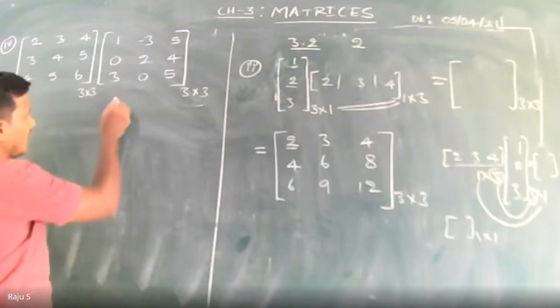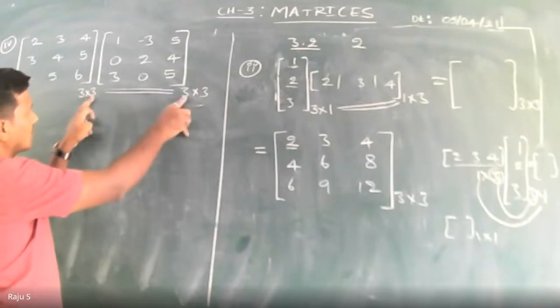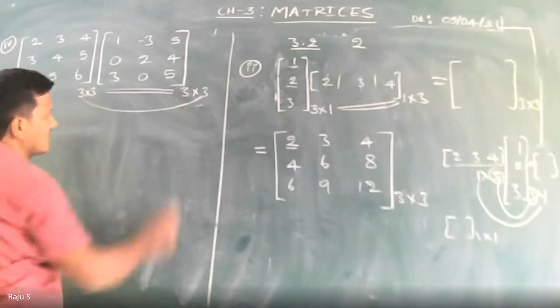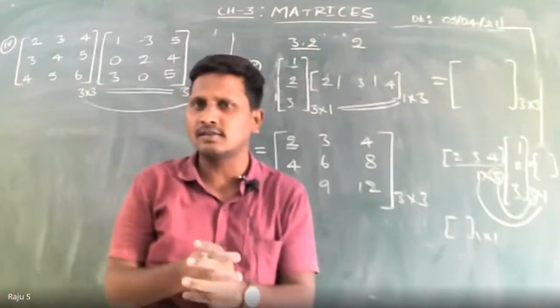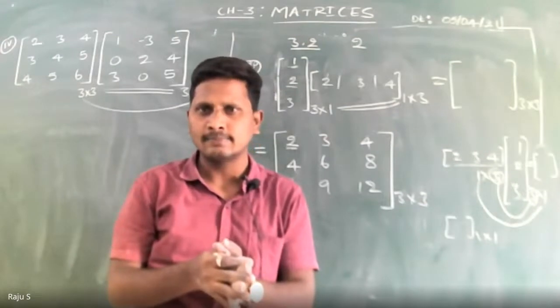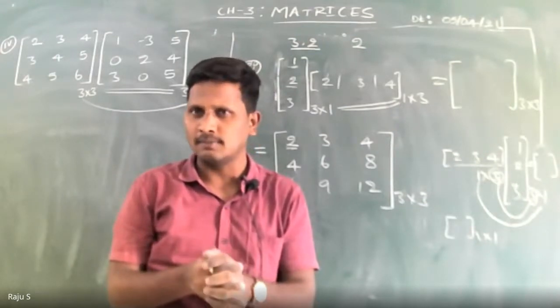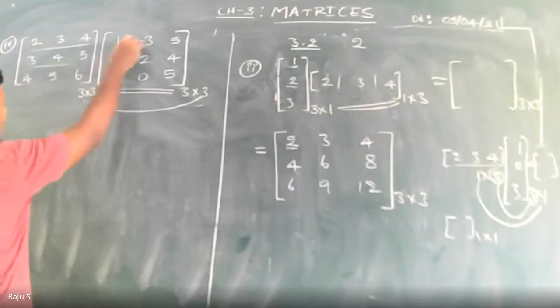So then clearly matrix multiplication exists because 3 equals 3. Here we are going to get the resulting matrix of order 3 by 3. For that I said very clearly, draw the rows and columns.